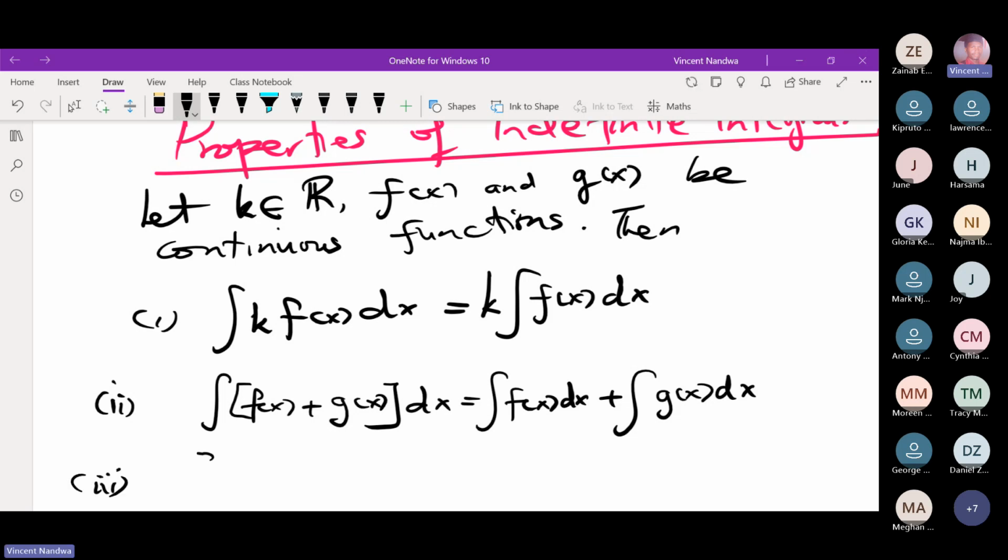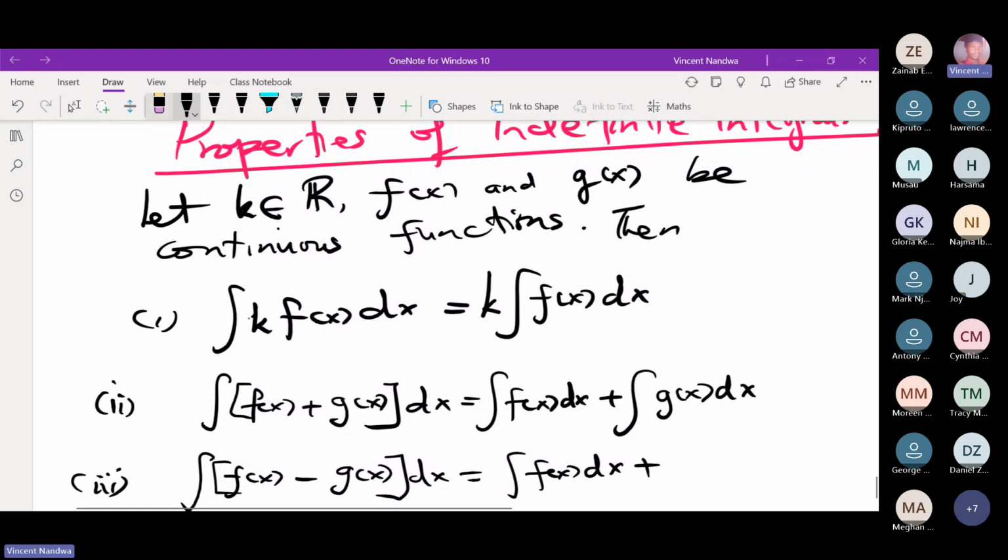Then 3, the integral of f of x minus g of x is the same as the integral of f of x dx minus the integral of g of x dx.